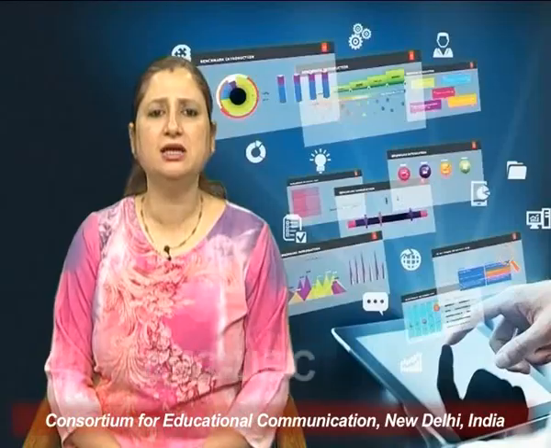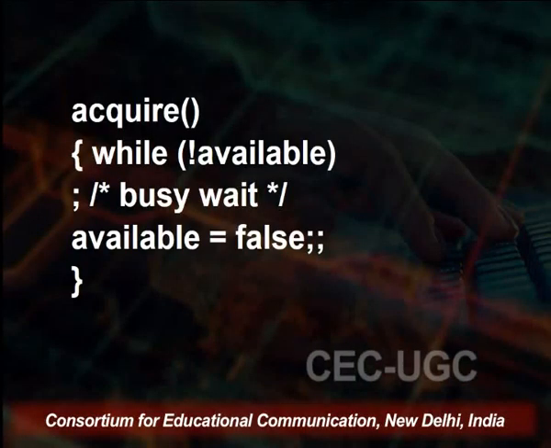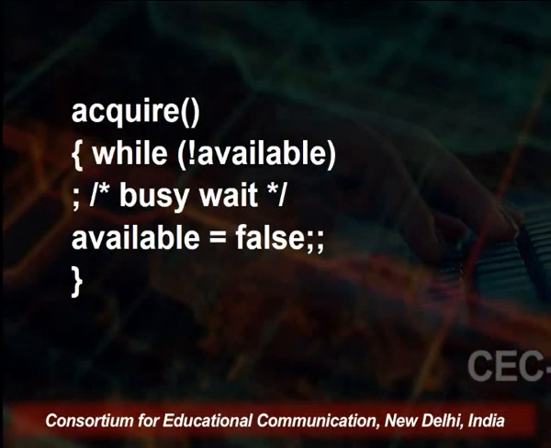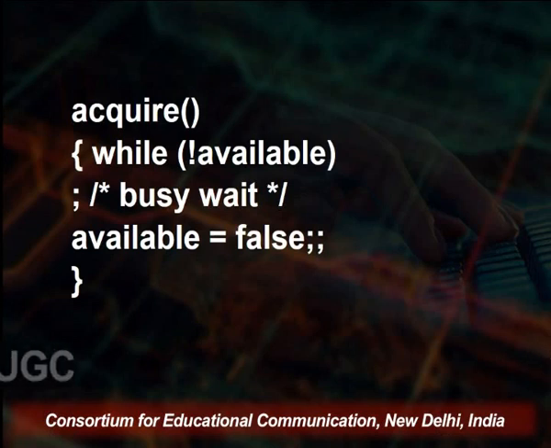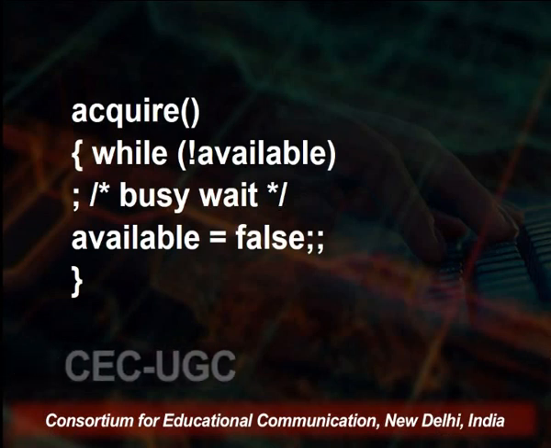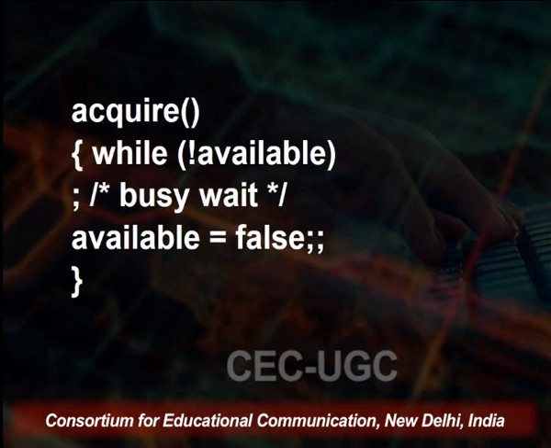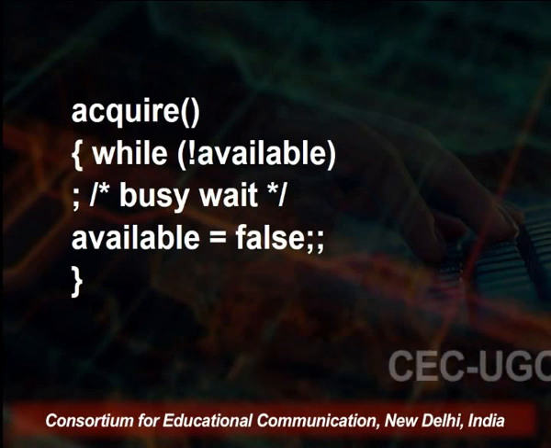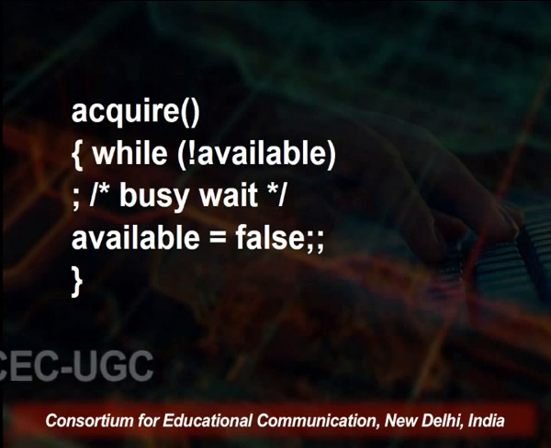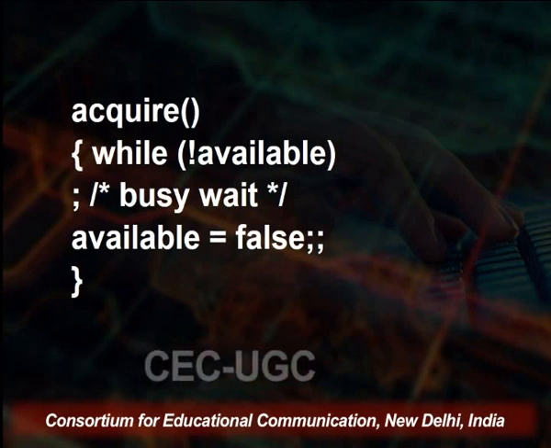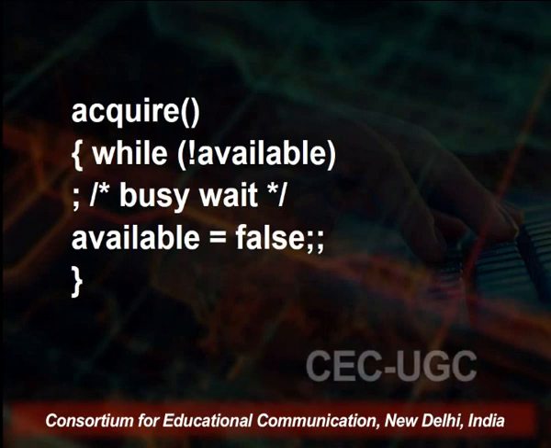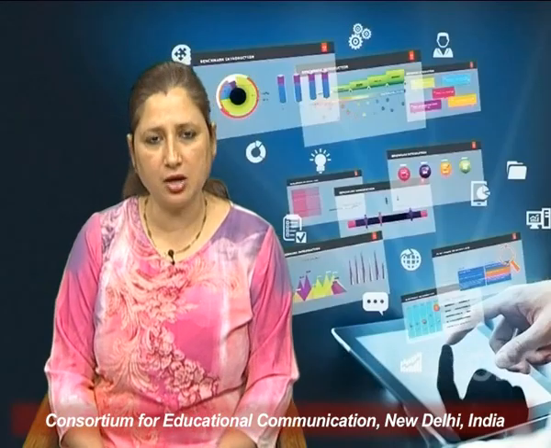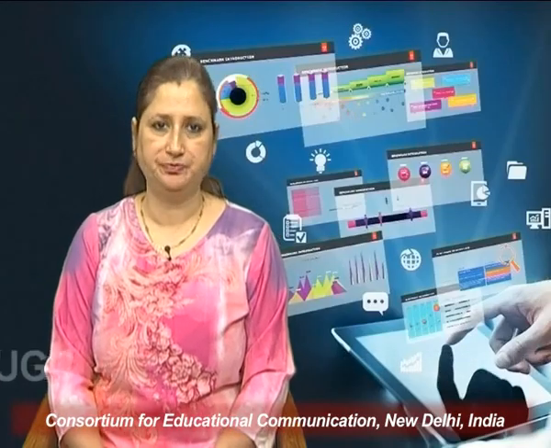In the acquire function, only when the lock is not available, the process will go into a busy wait, and when it gets the lock, it will set the available variable to false, because the lock has been acquired by this process.